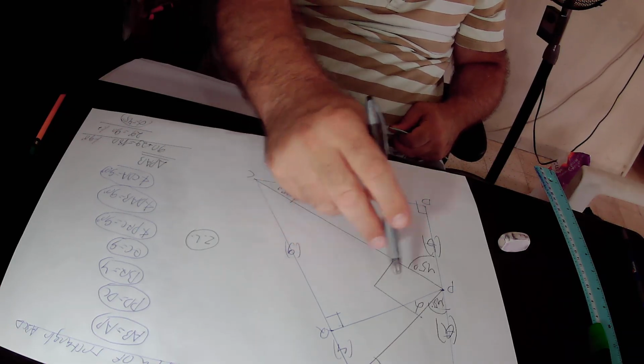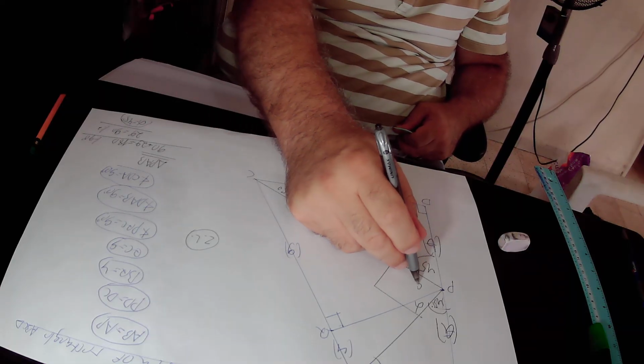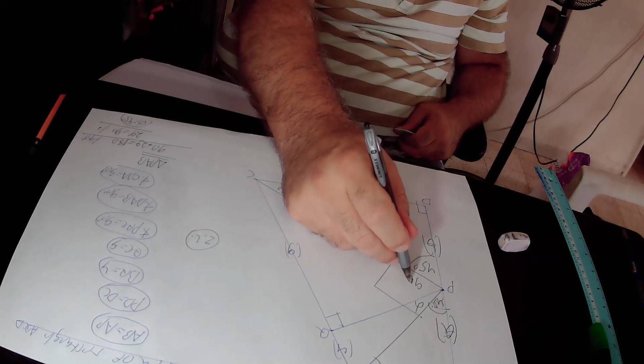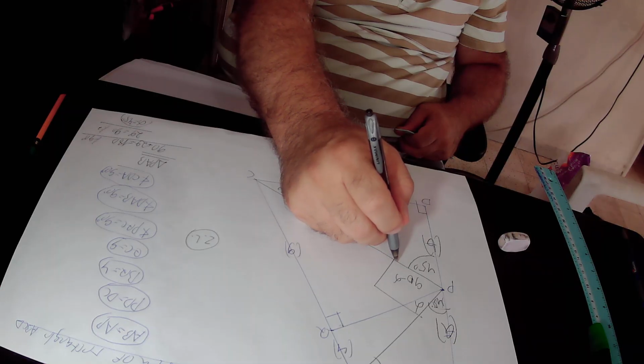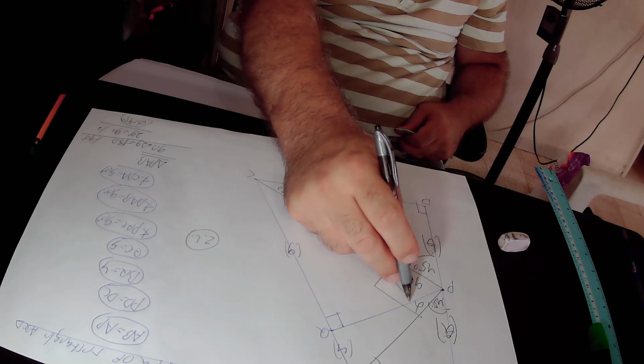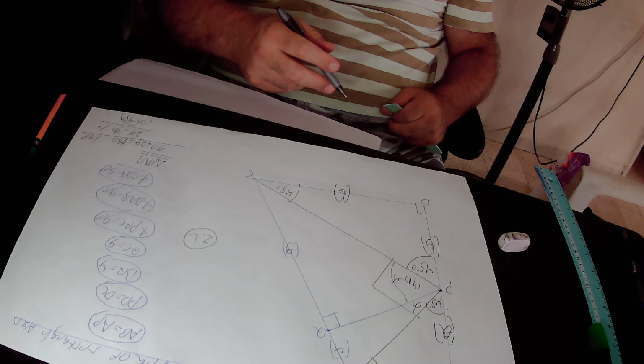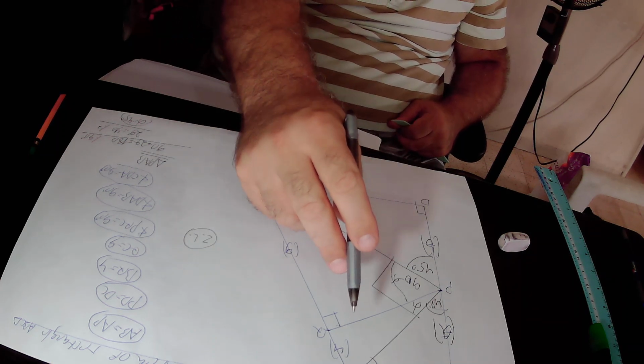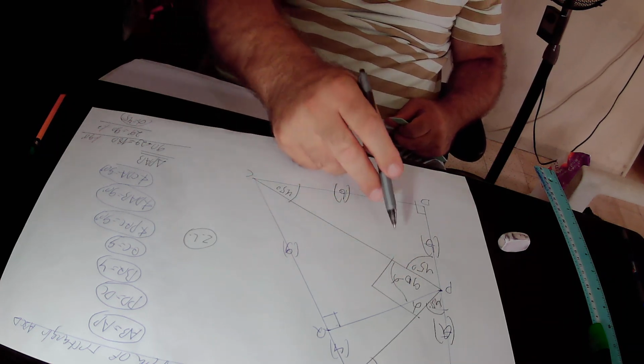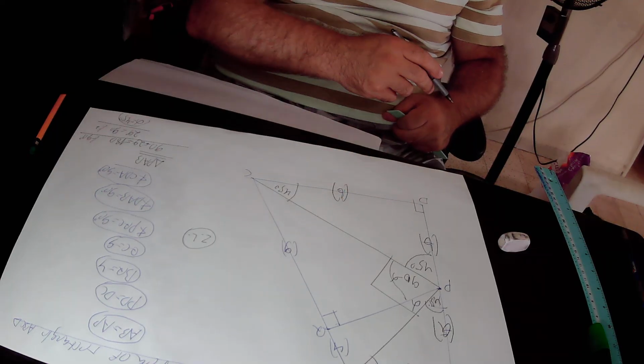That is to say angle QPC must be equal to 90 degrees minus alpha. Why? Because 90 degrees minus alpha plus alpha is 90 degrees. That is the size of the big angle, angle BPC. Therefore this missing angle must be equal to 90 degrees minus alpha.